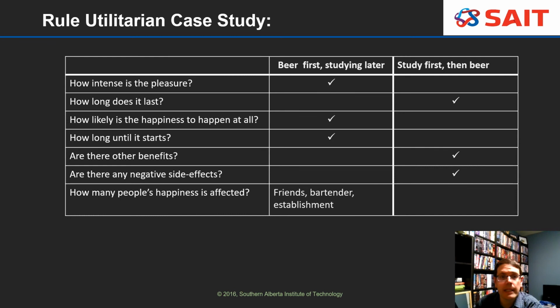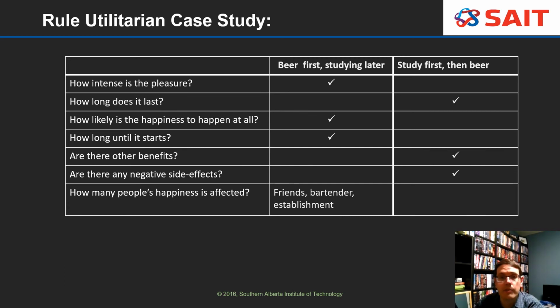Last, let's look at the other people whose happiness is affected by your making this choice. If you decide to drink the beer first and then study later, the people who will derive happiness from this are your friends who you'd socialize with, the bartender that you'd tip, and the establishment that you buy your drinks from.